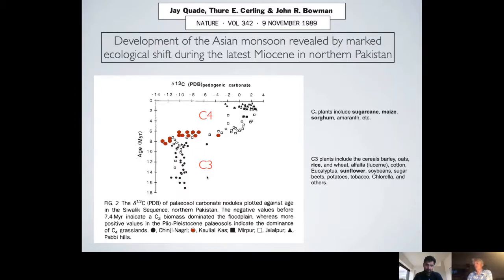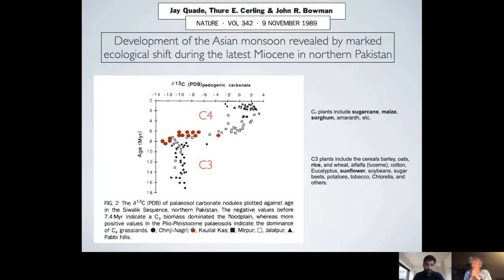They include cereals like barley, oats, rice, wheat, alfalfa, cotton, sunflower, eucalyptus, soybeans, potatoes, beets, and trees tend to be C3. But you can see there was this profound shift in vegetation to what are called C4 plants, which are sugarcane, maize, sorghum, grasses, and amaranth, and so on. And so it was interpreted as a profound vegetational change from trees and shrubs to grasses.